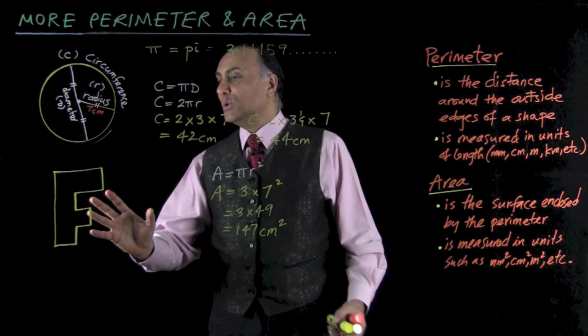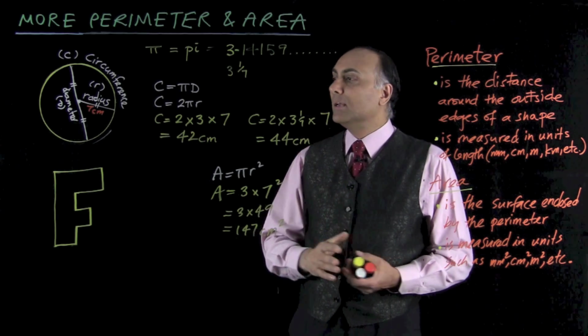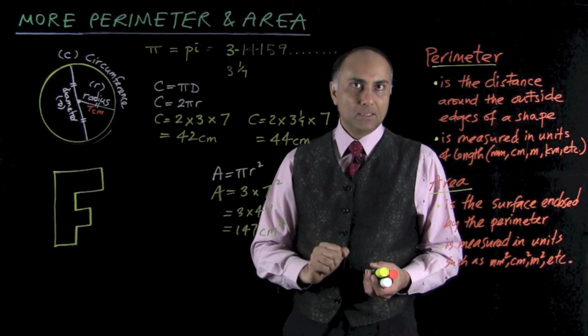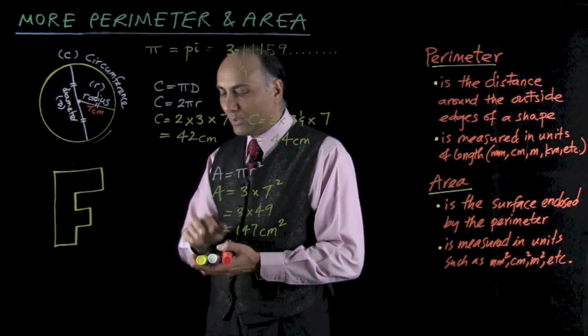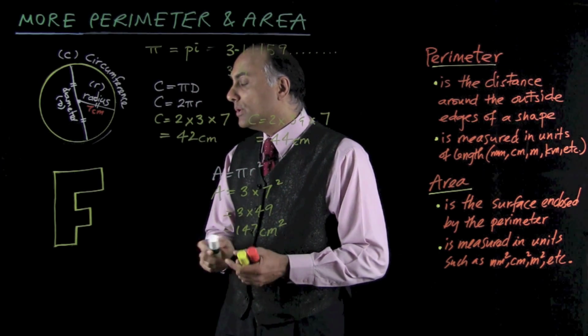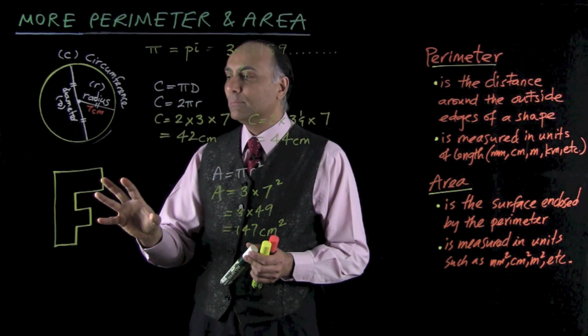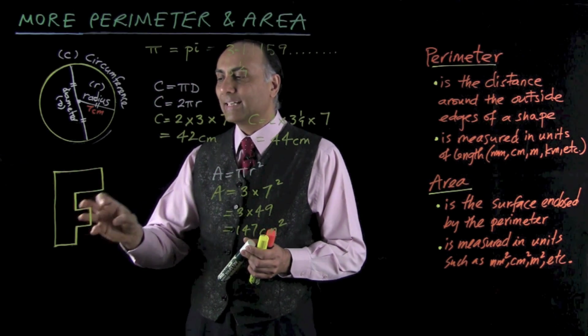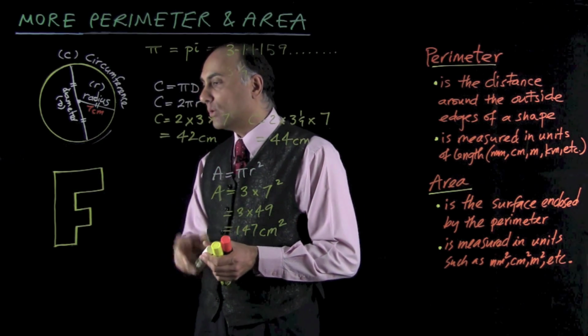Well, you have to use a little bit of improvisation. You have to split the picture like this. There's more than one way to do it, but this is one way to do it. You could split it up into separate areas, work out the area of each piece, and then add them all together. Let's put some dimensions and practice doing that on this particular letter.